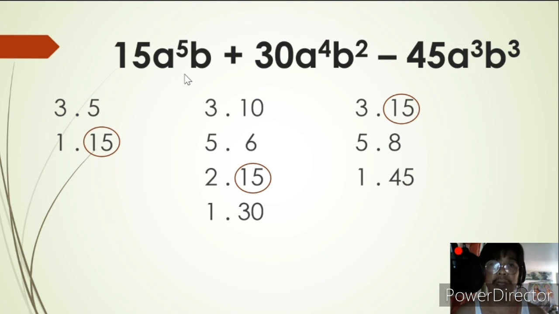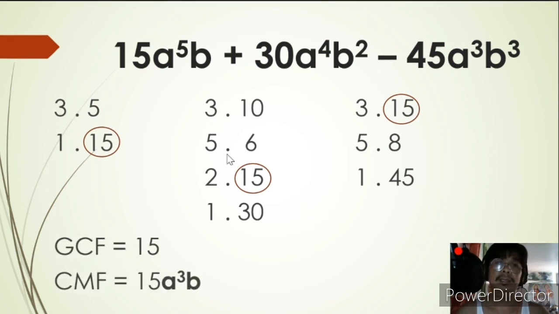How about the variables that we have, or the literal coefficient that we have in our polynomial? So we have the GCF of the numbers is 15, and the common monomial factor of this is 15a cubed b. So, how do we get that? We just simply factor the variables based on the example that we did a while ago. So, therefore, the CMF is simply 15a cubed b.